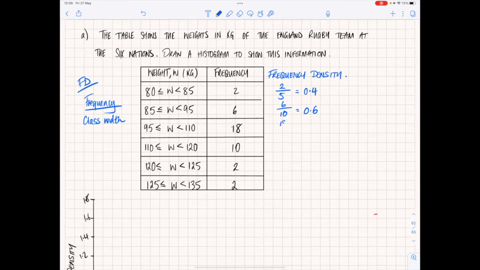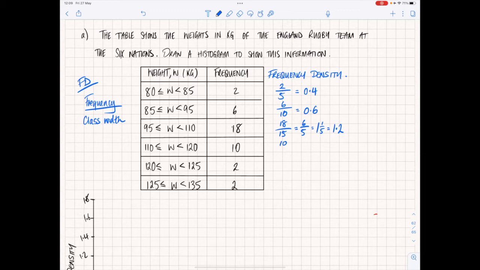Then we've got 18 that we're dividing by the difference here between 95 and 110 is 15. So we're looking at that both divisible by 3, so that becomes 6 over 5, which is the same as 1 and 1/5, so that gives me 1.2. Okay, so 18 divided by 15 gives me 6 over 5, which is 1 1/5.